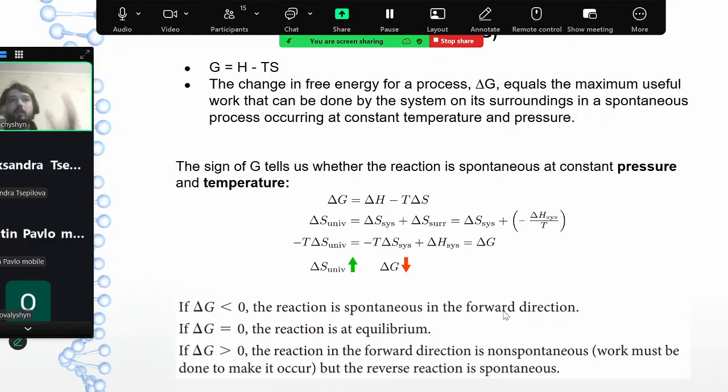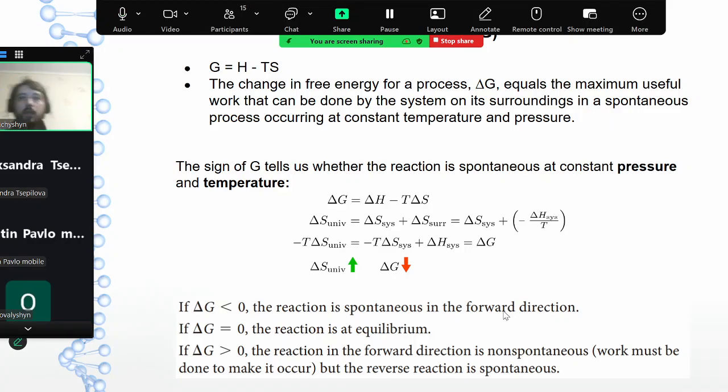So you have some reactants, you have some products. If you calculate delta G, that will tell you whether the reaction has a tendency to go in the forward direction. So your initial reactants, your substrate, will transform into the product if you wait long enough.